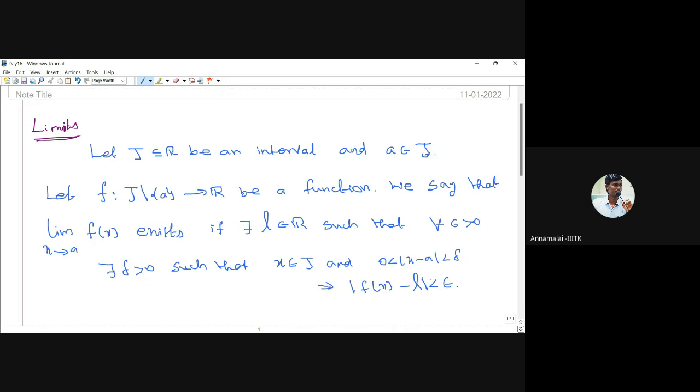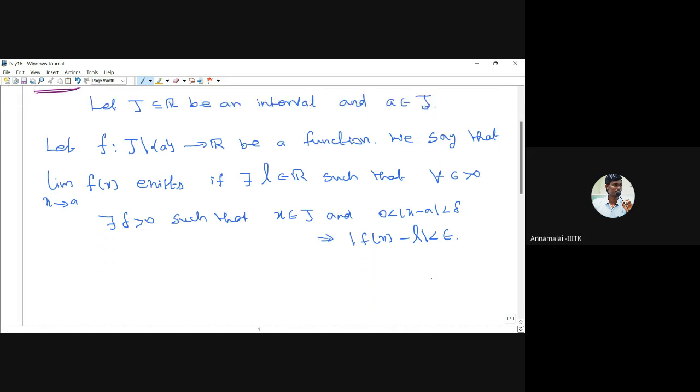So this is the definition of the limit of a function at a point x equal to a.